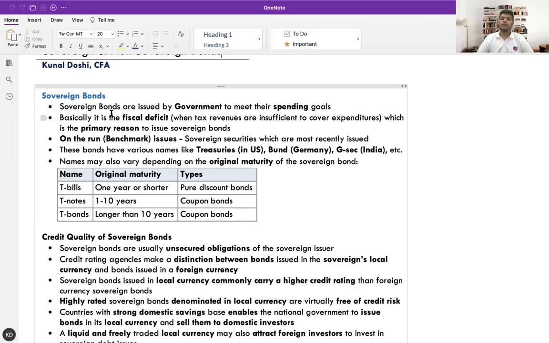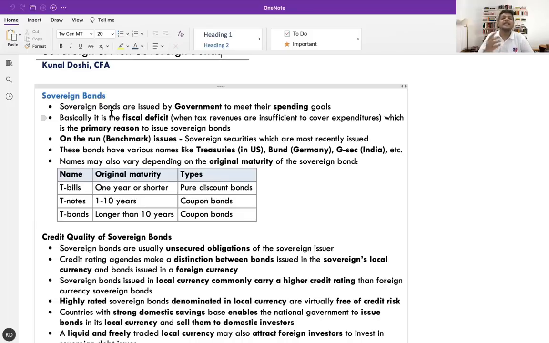Now, the same government bonds which are called, by default, treasury is what we know, but treasury is a word for US government bonds. There are some minor differences in the names. For example, the German government bond is called Bund, B-U-N-D. If you all are aware, that's the reason why the German central bank is called Bundesbank.